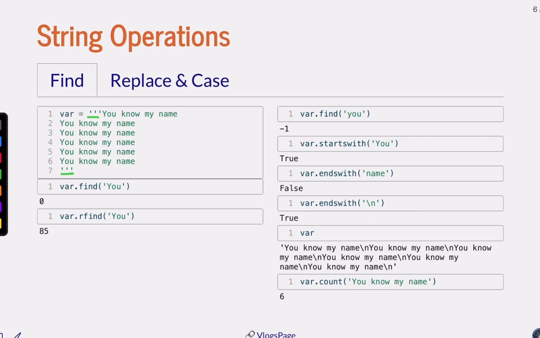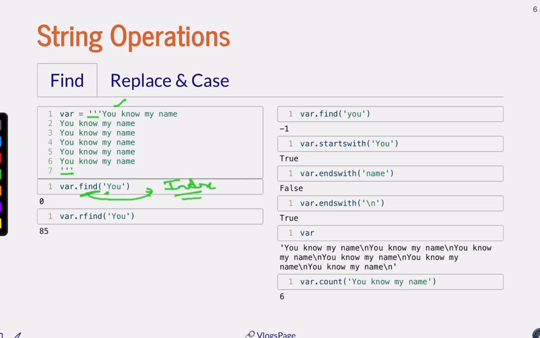"You Know My Name" is a lovely song that I love, from the Casino Royale movie. Here we want to find "you". Whenever we use find, it gives the index place of you, that is the first character of the word.